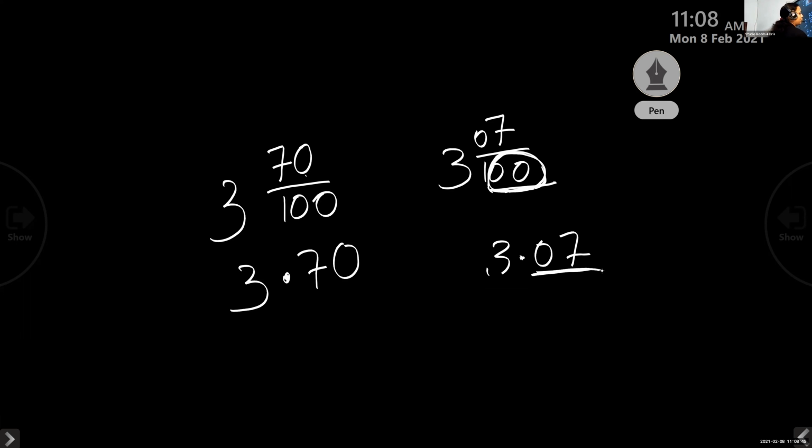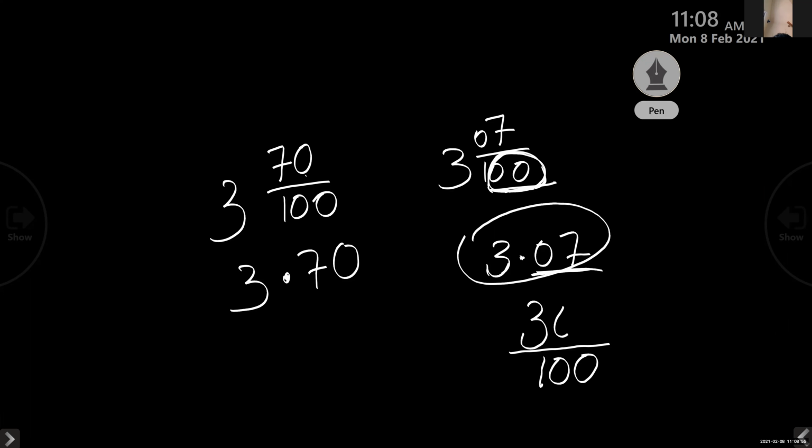How many zeros? How many decimal places? 2. So divide by 100. Then just write the numerator, 307. So from fraction to decimal, what will we write? We will write the same number.